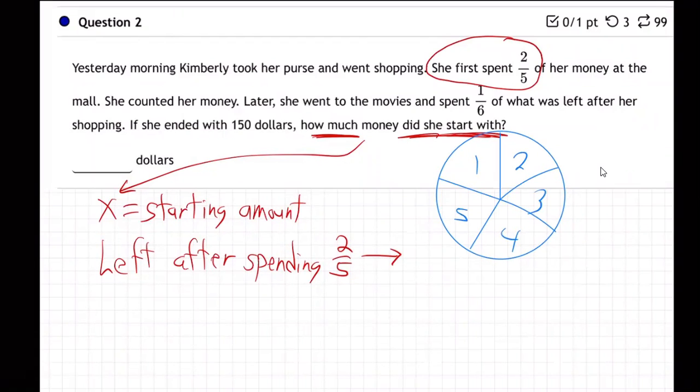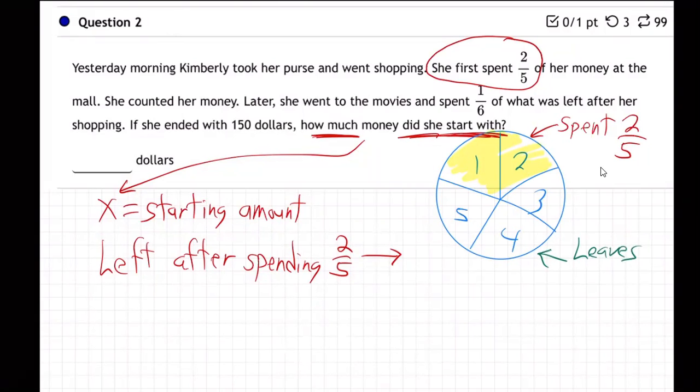And it's telling us that she spent 2/5. So this will be the part she spent. So she spent 2/5. What does this leave?